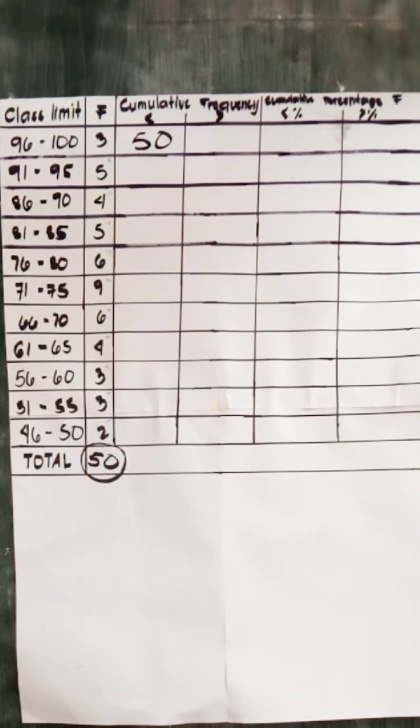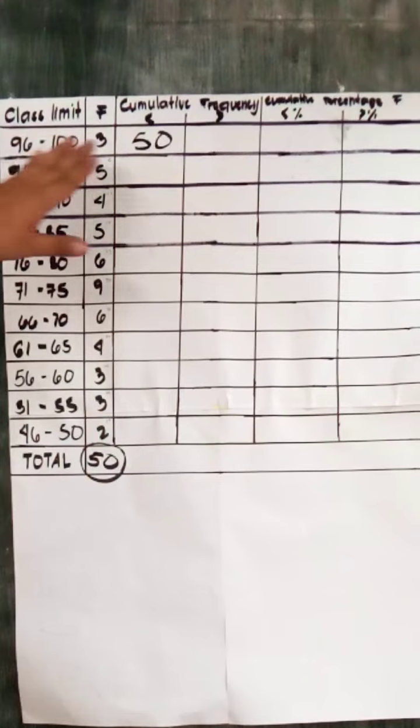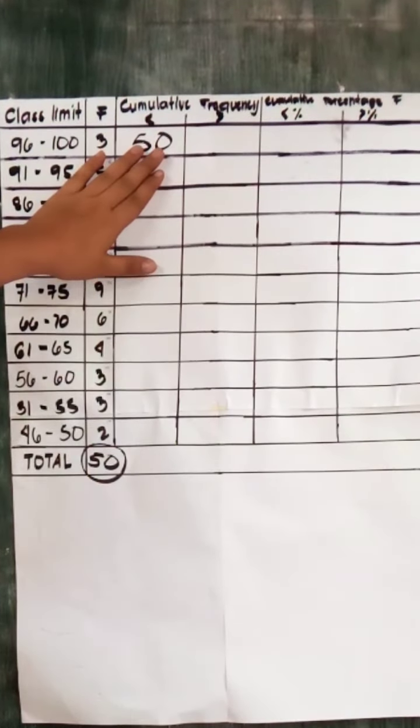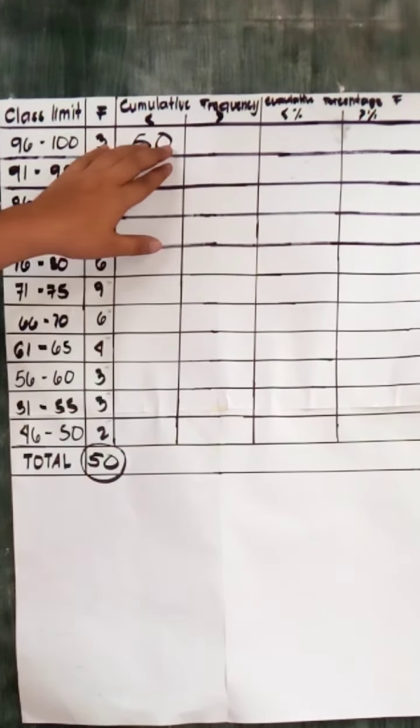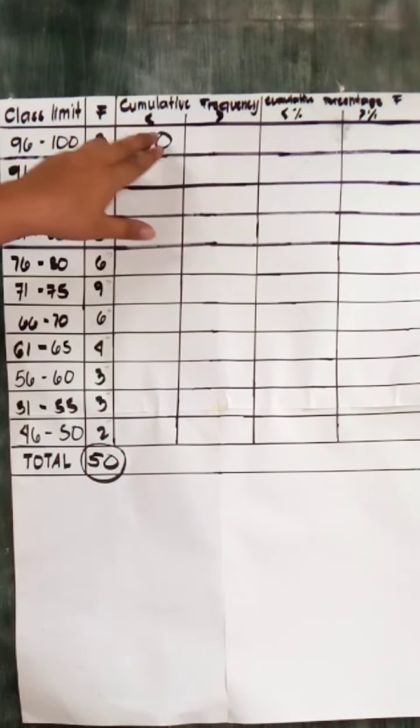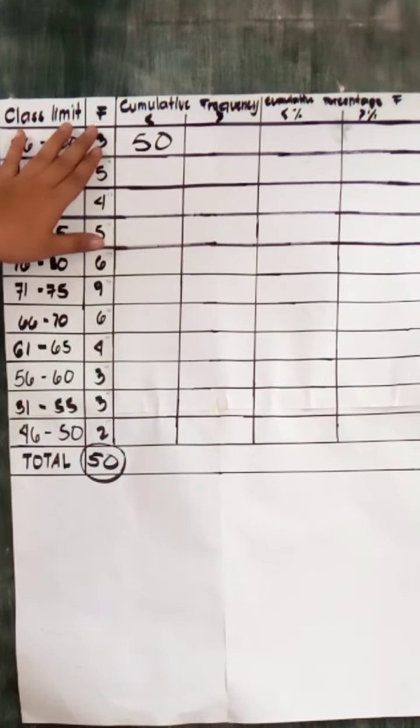Now, to find the answer of the second row, we will subtract 3 from 50.